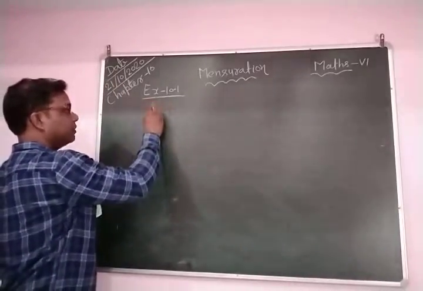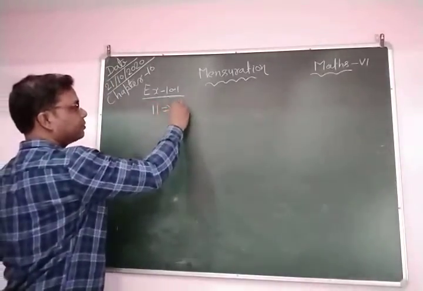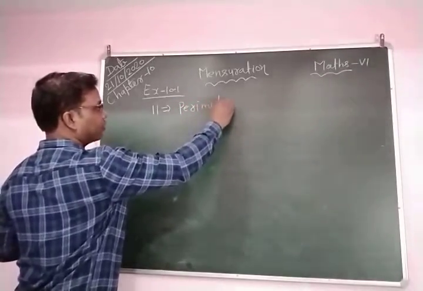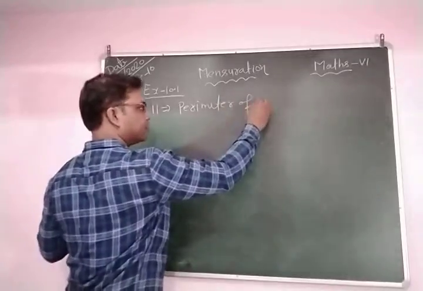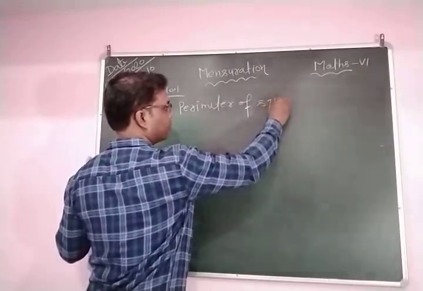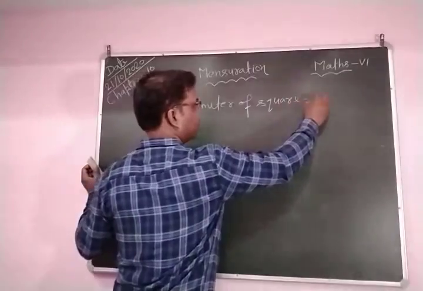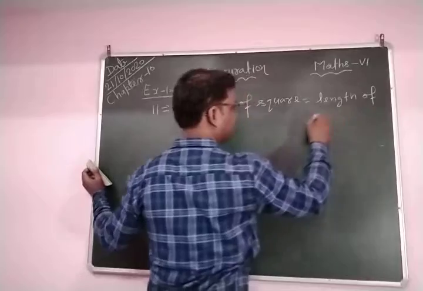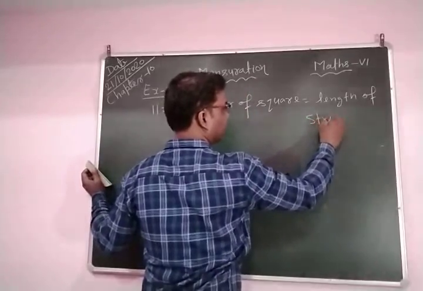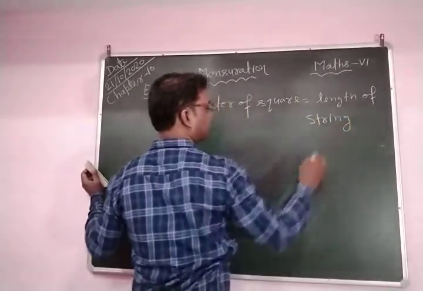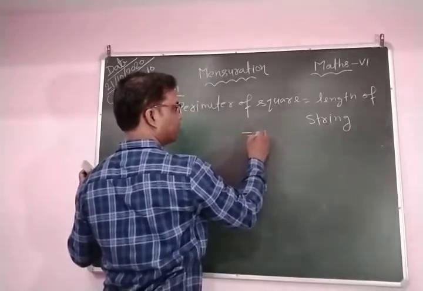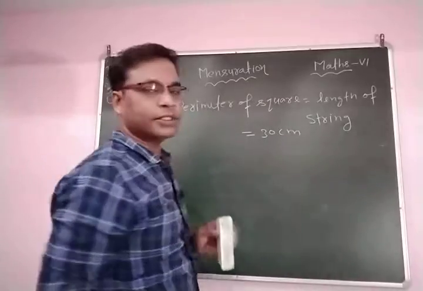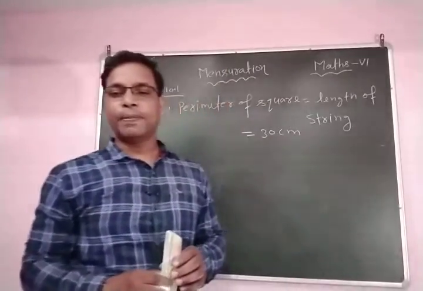So this is question number 11. You can write here perimeter of square is equal to length of string, which is 30 centimeter.